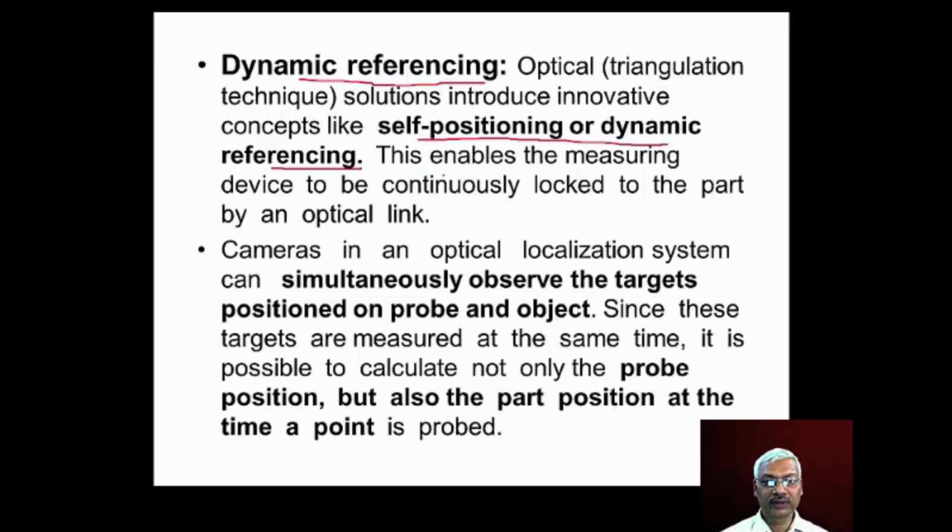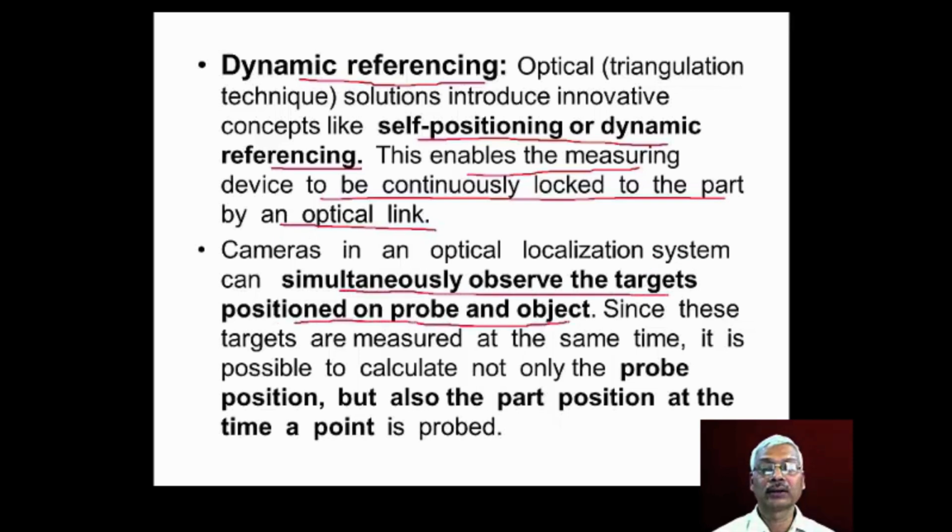This dynamic referencing enables the measuring device to be continuously locked to the part by an optical link. Now, the cameras in the optical localization system can simultaneously observe the targets positioned on the probe and the object. That means the targets, in other words reflectors, are placed on the workpiece to be inspected, and also they are placed on the probe.